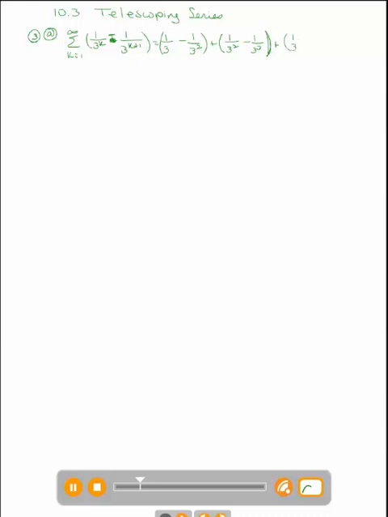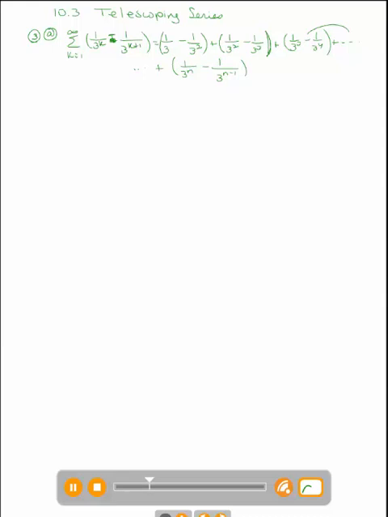Plus the next term, 1 over 3 cubed minus 1 over 3 to the fourth. And it's going to keep going until it gets to the nth term, which would be 1 over 3 to the n minus 1 over 3 to the n plus 1.